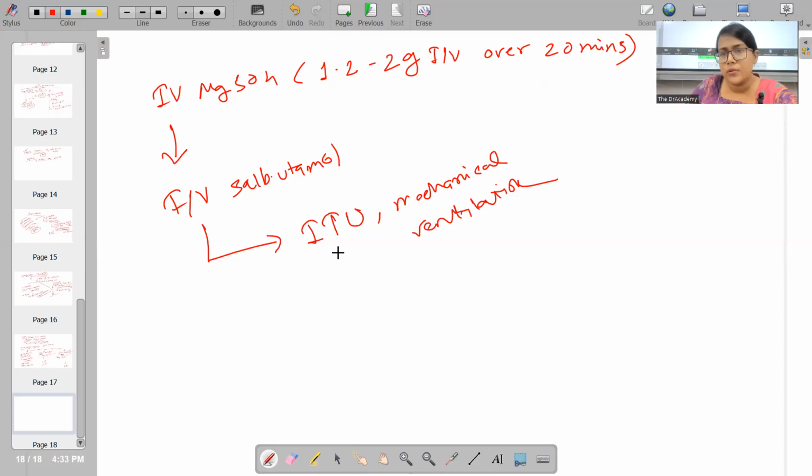Just remember this algorithm: despite the maximum guideline-directed medical treatment recommended for asthma, if the patient is still not symptomatic, then you can consider IV magnesium sulfate, still refractory IV salbutamol, still refractory ITU transfer, okay?